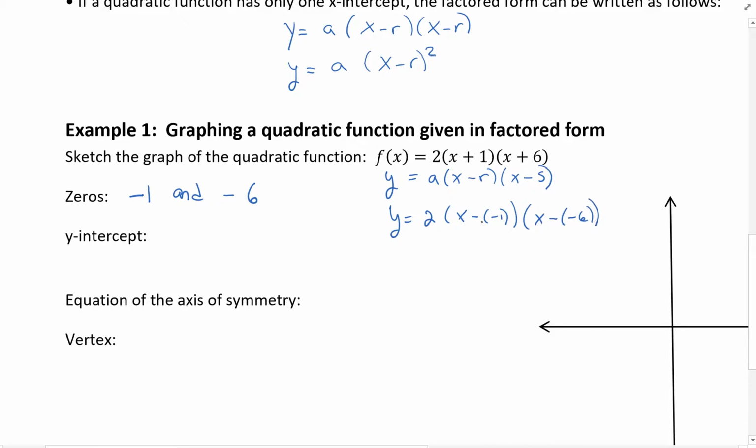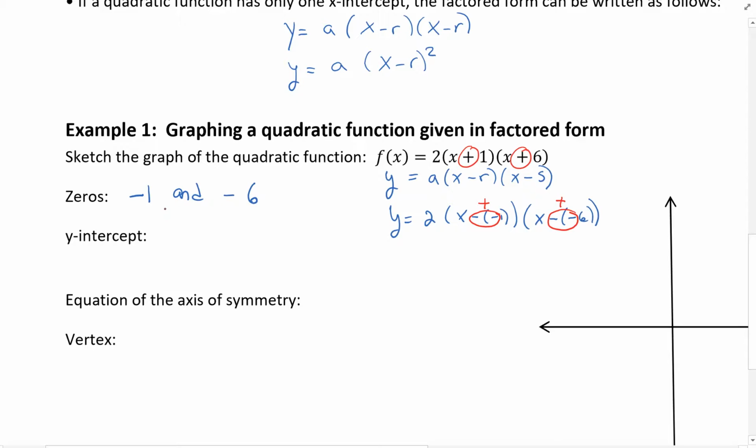And if you remember, a double negative gives you a positive. So that's where the plus is coming from. You're kind of looking at the opposite sign. So when you have a +1 and a +6, your zeros are -1 and -6.